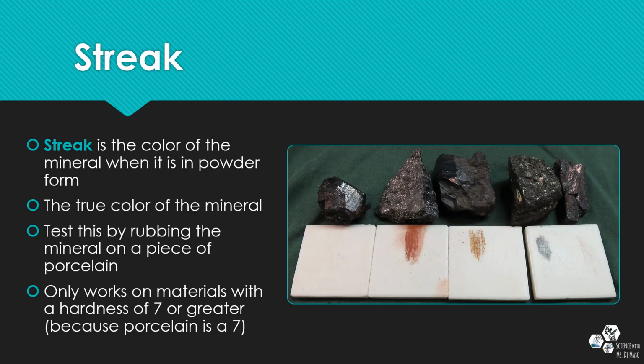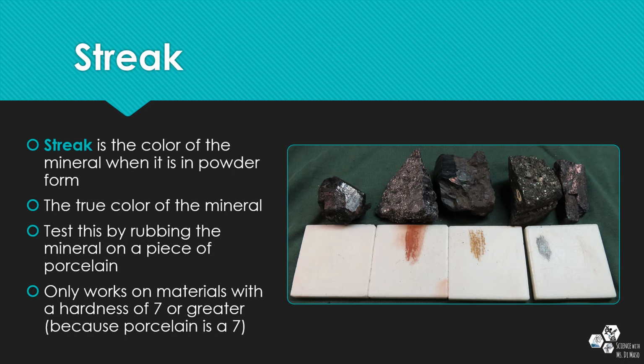Now, this one is how we can really tell the color of a mineral. Streak is the color when it's in its powdered form. You can see the image on the right. These rocks all look fairly the same color, but when we streak them, we can see their actual powdered color come through. You test this by taking your mineral and rubbing it on a piece of porcelain.